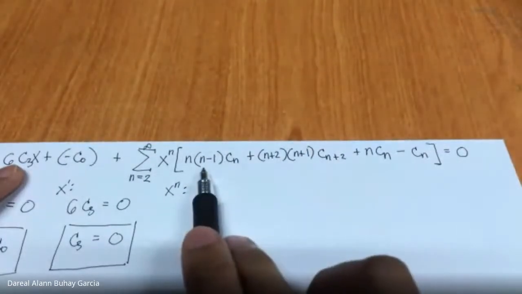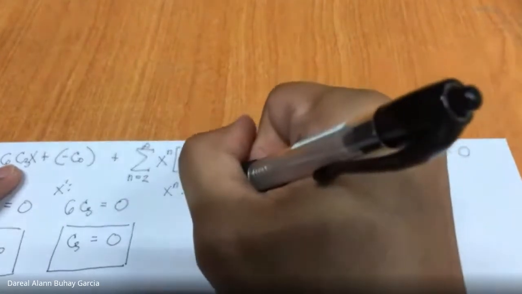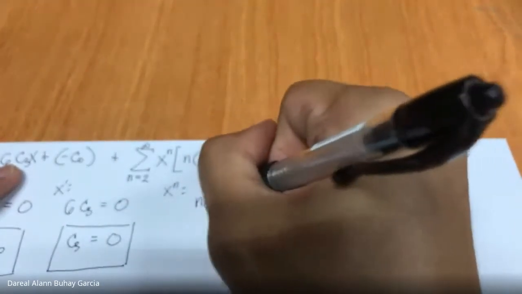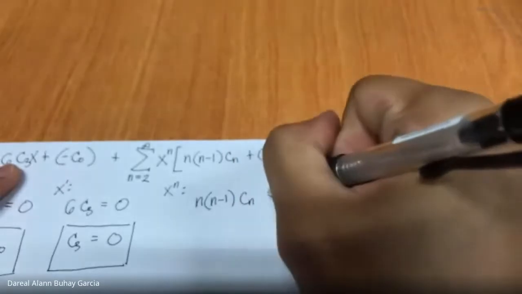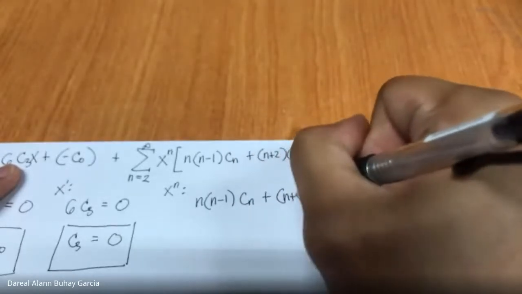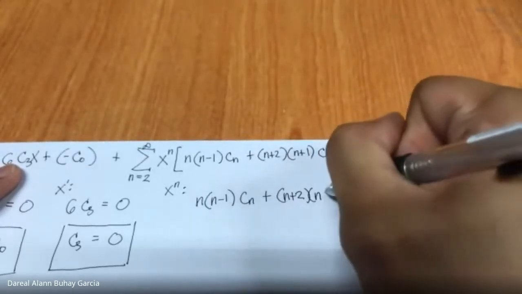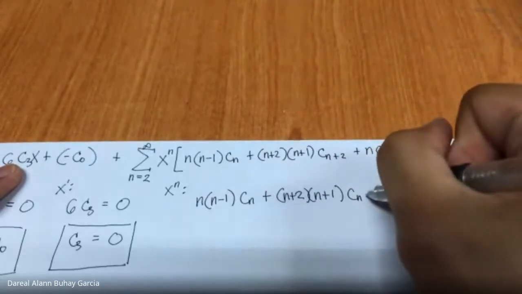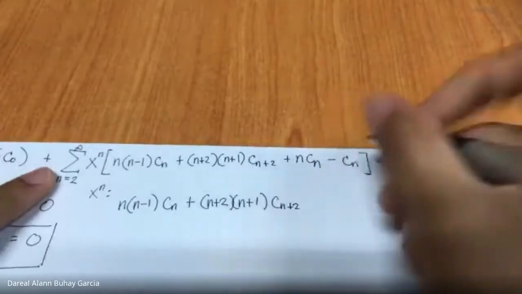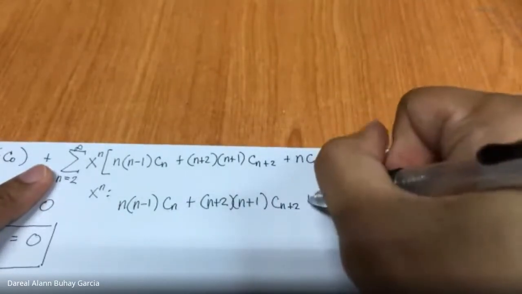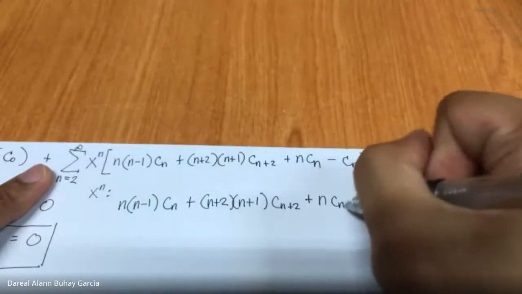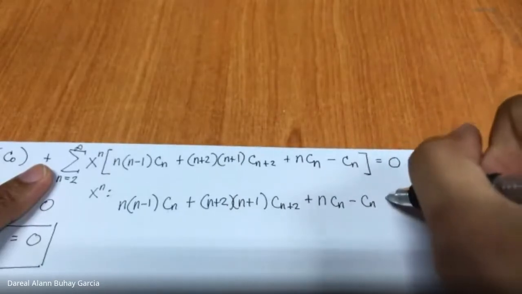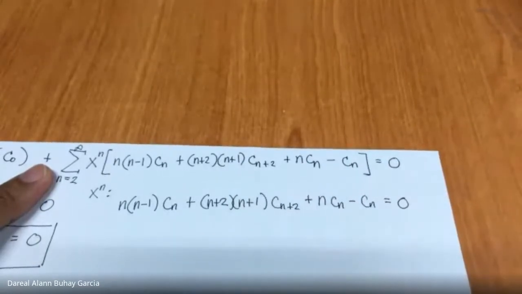So, n minus 1, cn plus n plus 2, n plus 1, c n plus 2, plus n cn minus cn is equal to 0.